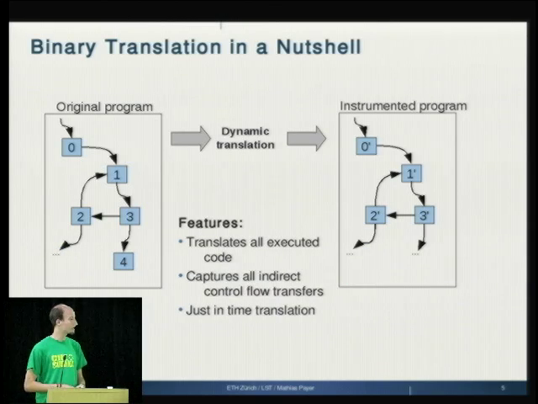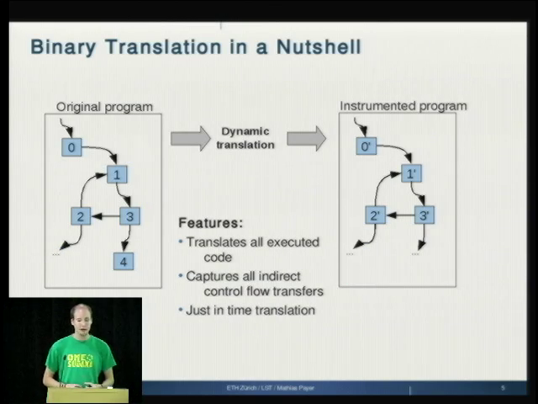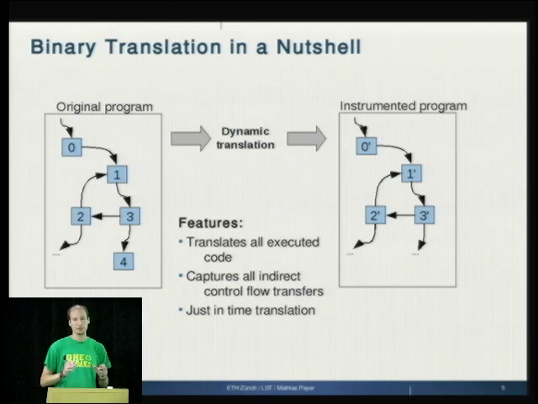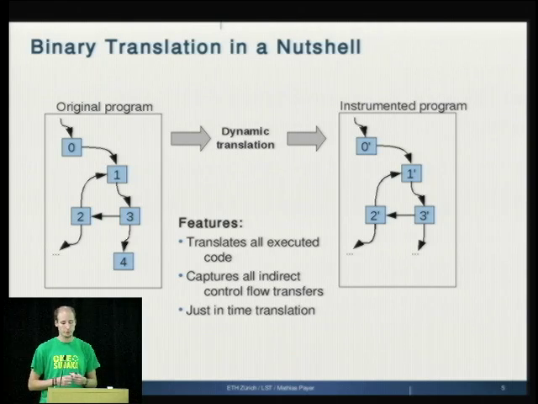So we move over to dynamic translation. Dynamic translation starts the original program and gives the illusion that the original program is run. But in the back end, we instrument the program on the fly, like a JIT compiler does, and we have a just-in-time translation of basic blocks into the instrumented program.